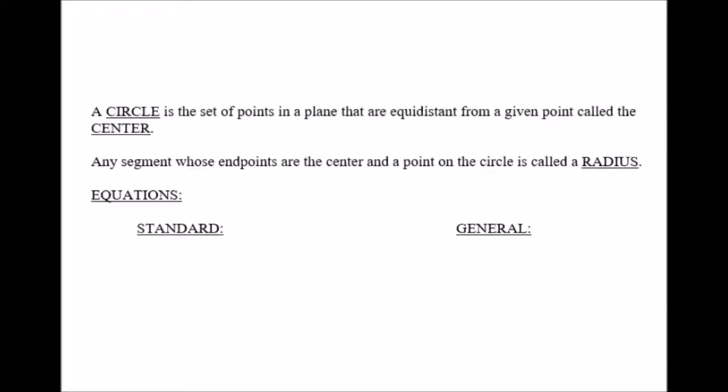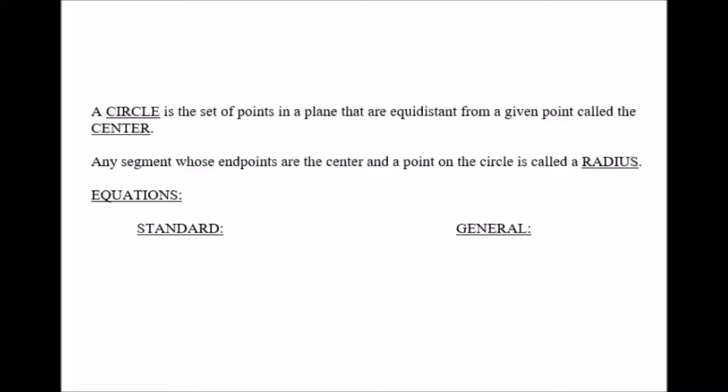First, let's take a look at a couple definitions. A circle is the set of all points in a plane that are equidistant from a given point called the center. Any segment whose endpoints are the center and a point on the circle is called a radius. And we have two different versions of the equation for a circle.